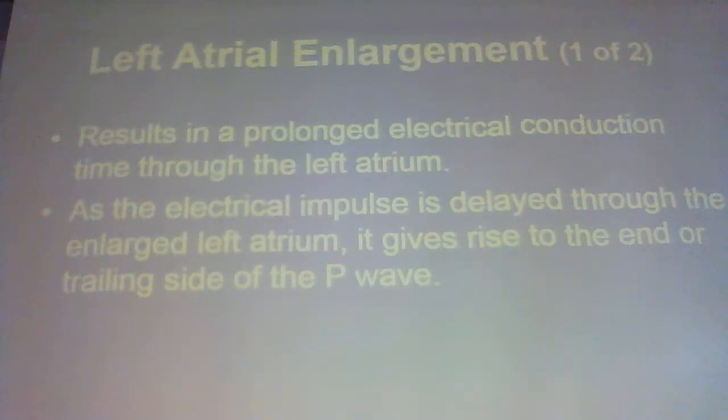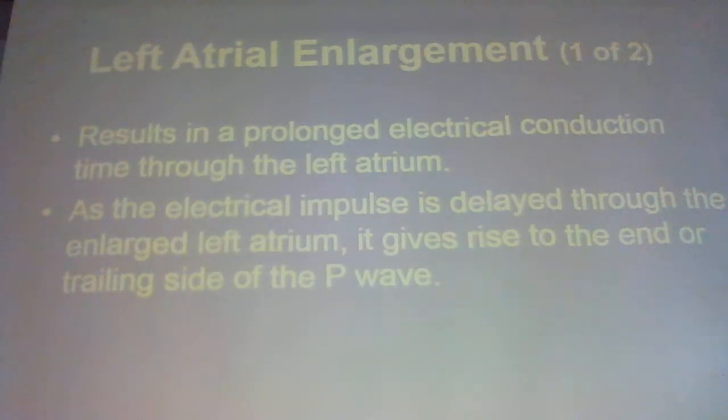All right, left atrial enlargement. Again, that's because typically we got something backed up, right? We got a large left atrium, and that's because it's having to pump hard against the left ventricle, because the left ventricle's got high pressure in it. Left ventricle's got high pressure in it because it's pumping against high blood pressure, right?